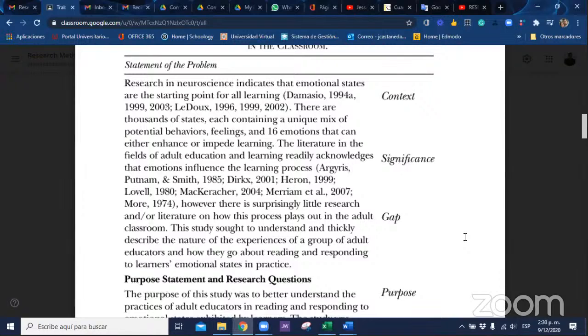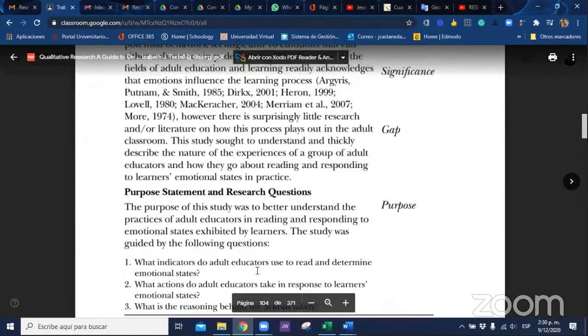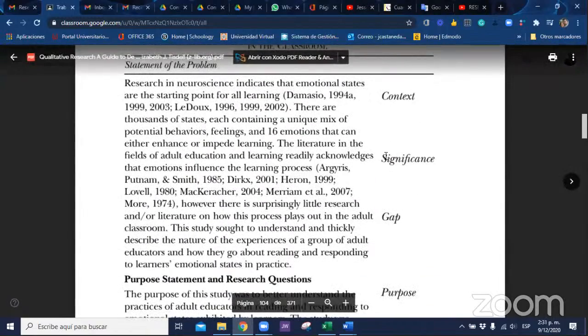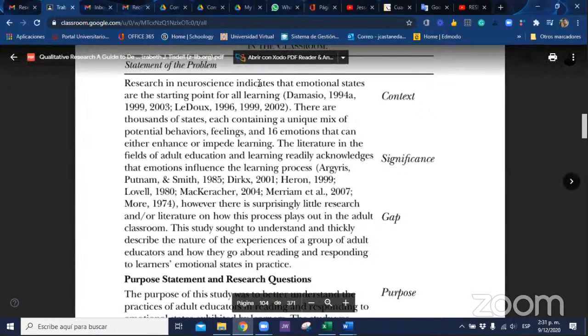Okay, so thank you very much. Pay attention to this example. She identifies here three of the components, because the last component is the purpose, three of the components of the problem. The first one is the context, and as you can see, the example explained the whole context in which the research is going to be set, right?